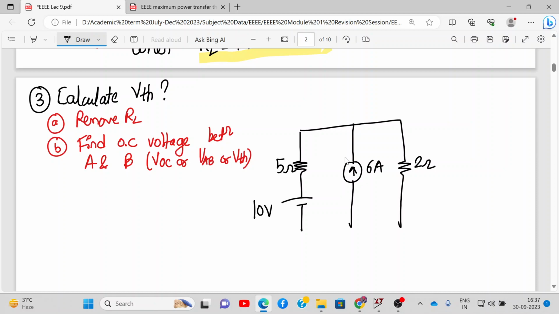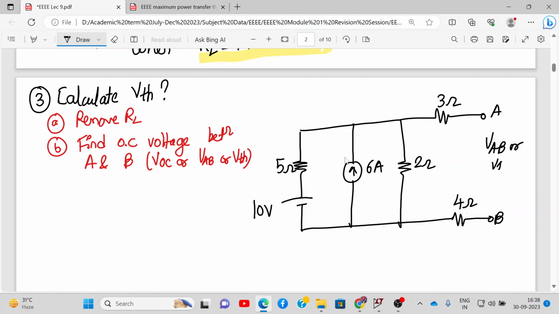Here we have 2 ohm. Here there are terminals A and B. This is 4 ohm and this is 3 ohm. So we need to calculate VAB or VTH or VOC, open circuit voltage between terminals A and B. If I highlight this part, you always start from B and then you go to A.